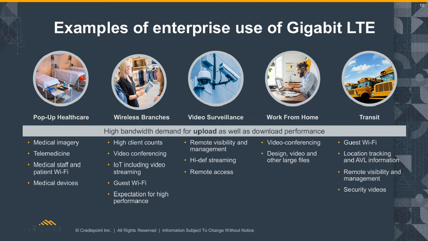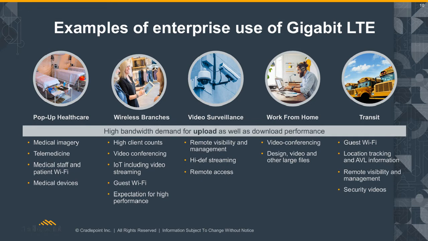The medical records are often stored in the internet or in a data center somewhere. In pop-up type of healthcare, you may not have a specialist or a doctor on staff. That may occur via video conference, so you have a very rich media stream, both upstream and downlink. So you need adequate bandwidth in both cases. And even in pop-up healthcare, as well as in traditional clinics, you may have the patients themselves on Wi-Fi.